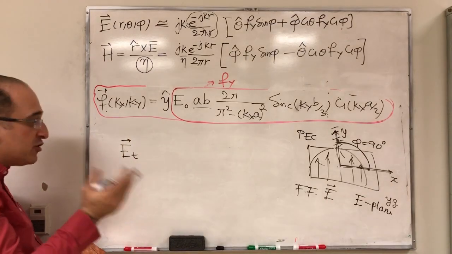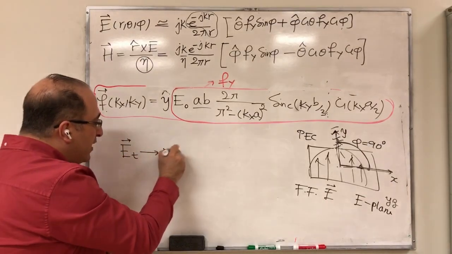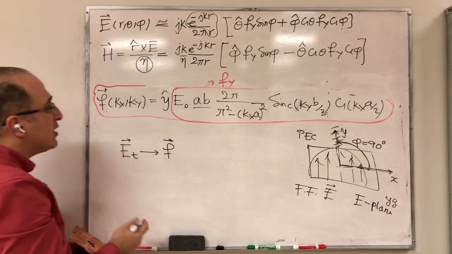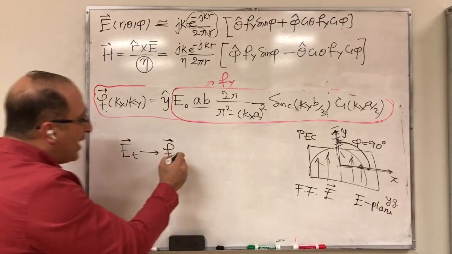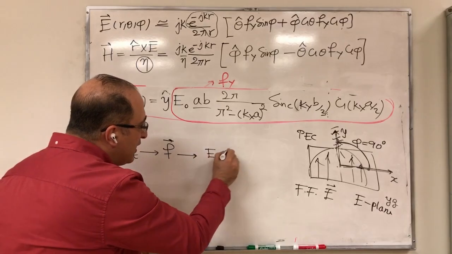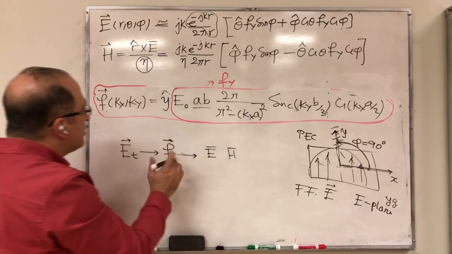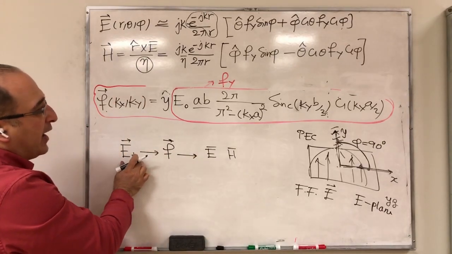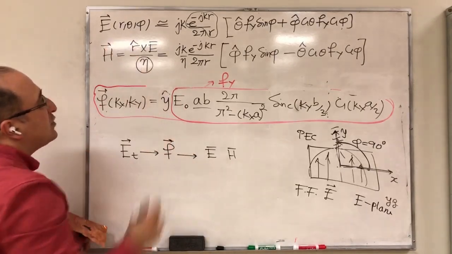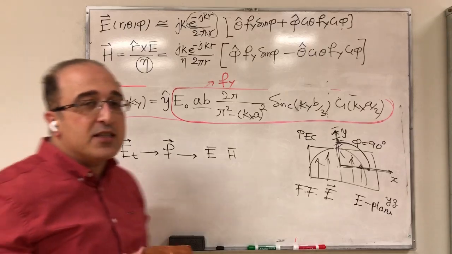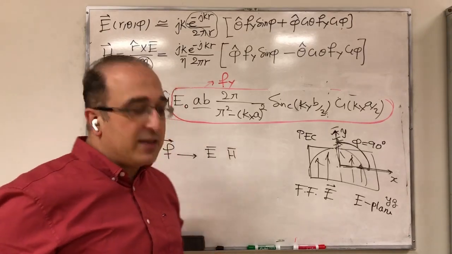T means tangential, as we explained before. Then you find this auxiliary function, which we discussed, that's the 2D Fourier transform F. And then from this F, you go to E and H in the far field. So we had this, and then from here we went to this, and then we found our E and H in the far field. Then we did something at the very end of the previous lecture.